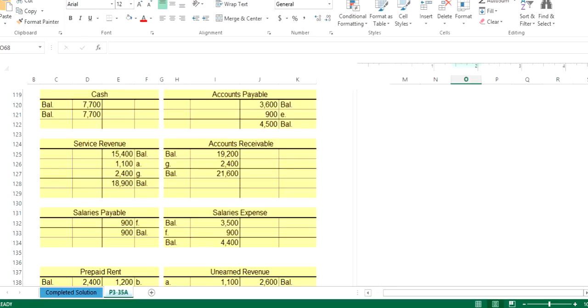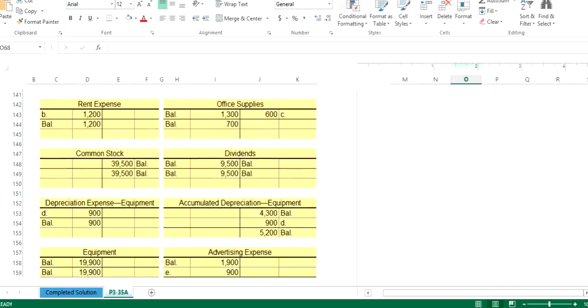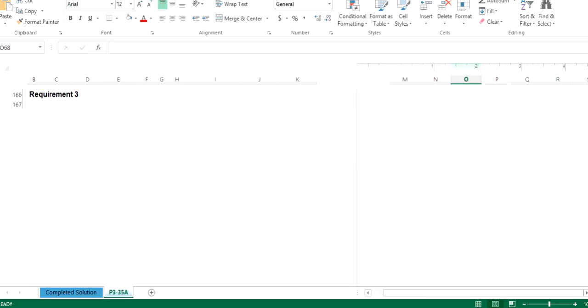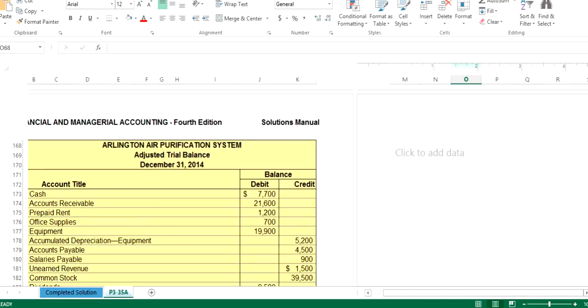For example, if you go to Part E, you'll see that you made a credit to accounts payable for $900. And then you calculate the balance of your T accounts. And from there, you would be able to construct your adjusted trial balance.